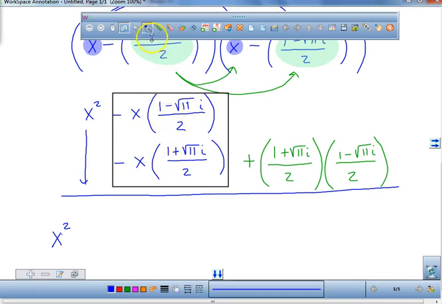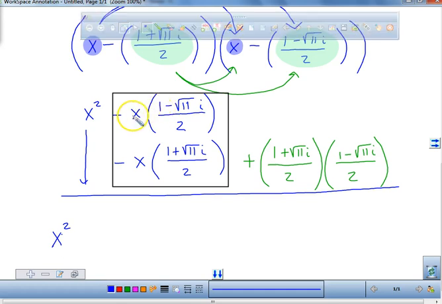Okay? Right now, what I'd like you to do is take this negative x and multiply it to the 1, and take the negative x and multiply it to the negative radical 11i. So when we distribute, I'm going to change colors. I'm going to distribute that in here and to this. We're using the distributive property. So what's a negative x times a 1?